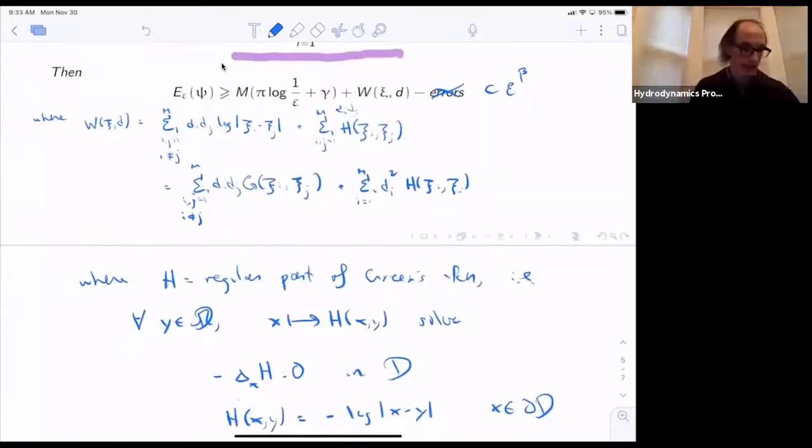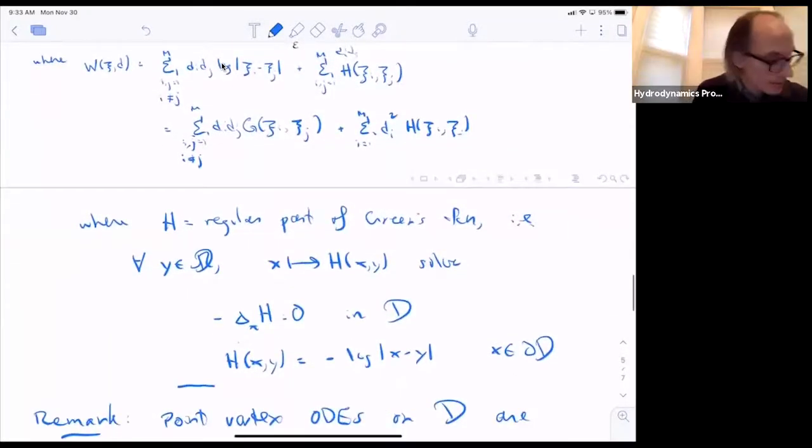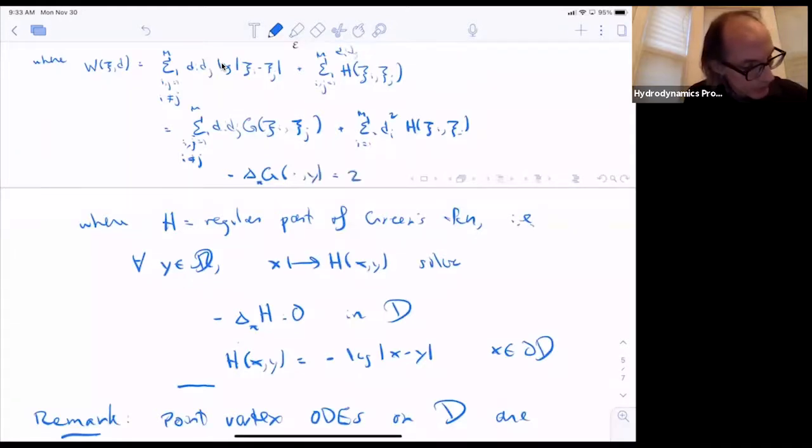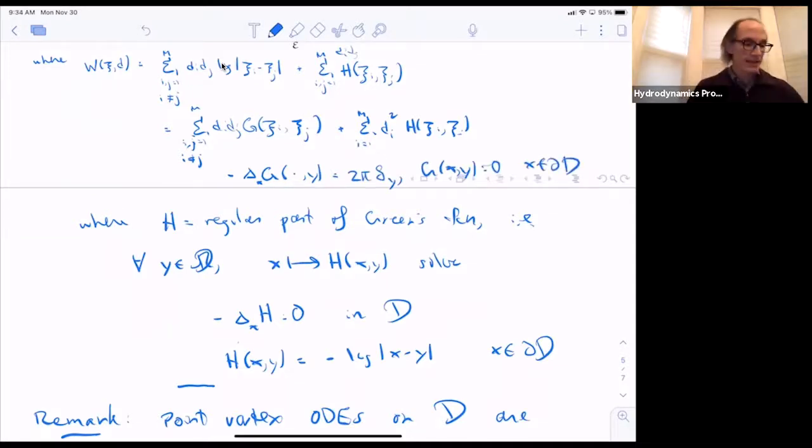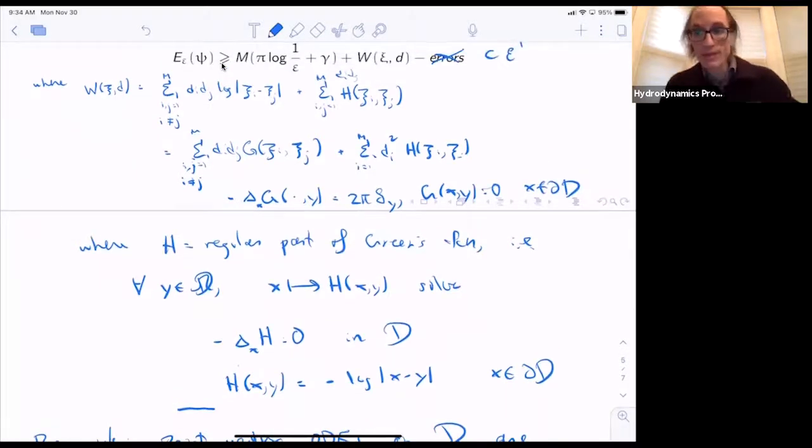And this g is the Green's function. And so what happens?